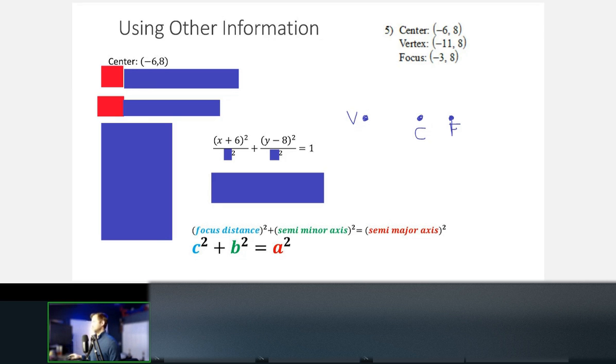And then for fun, does our graph, our ellipse, is it longer in the X or in the Y direction? How do we know it's the X direction? Or how would we know? What tells us the direction that it's longer?